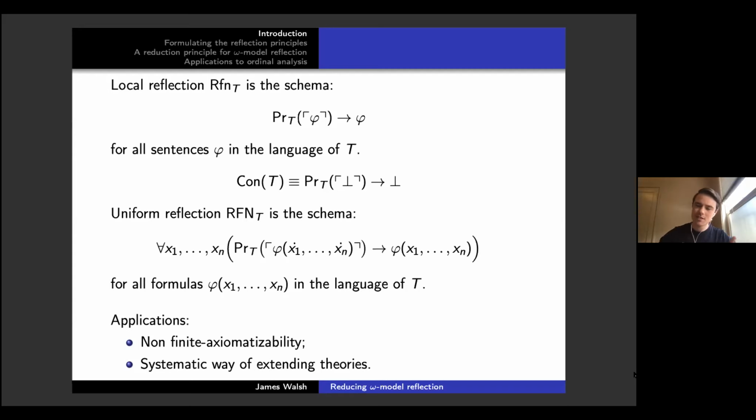If I endorse T, presumably it's safe to endorse its reflection principles, and then to endorse their reflection principles, and so on. People have studied in a lot of detail the hierarchies of theories that get engendered in this way. I'm going to come back and talk about some of these results a little bit later. Okay, so those are two applications.